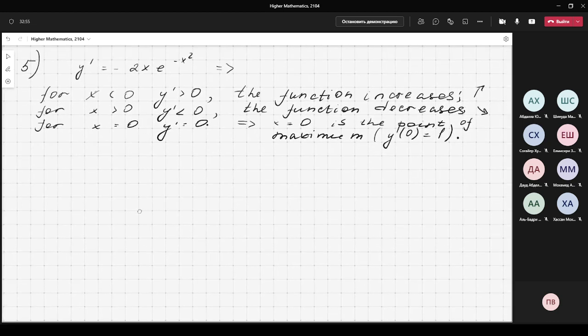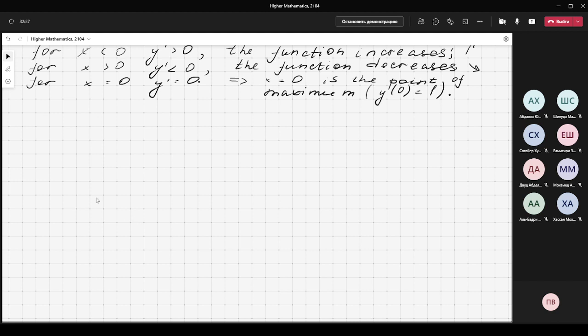The foregoing analysis makes it easy to construct a graph of the curve. Here minus 1 over square root of 2. Here 1 over square root of 2.